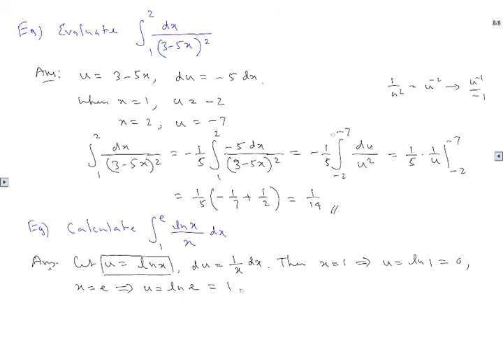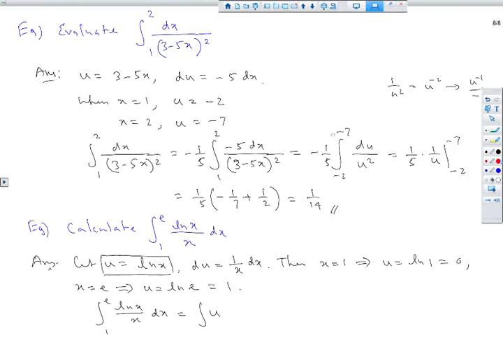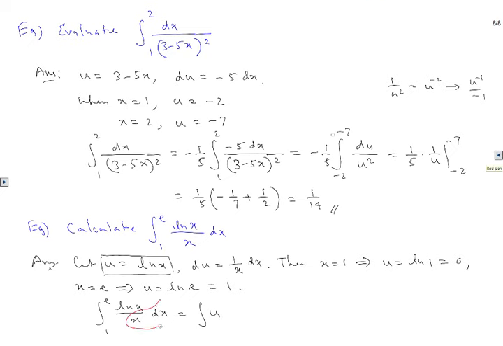Okay, now let's change the problem. We have the integral from 1 to e of ln x over x dx. So ln x is u, and 1 over x dx equals du.